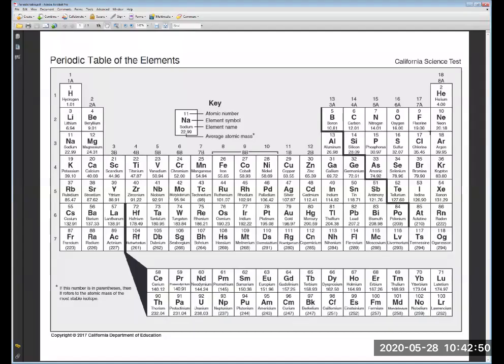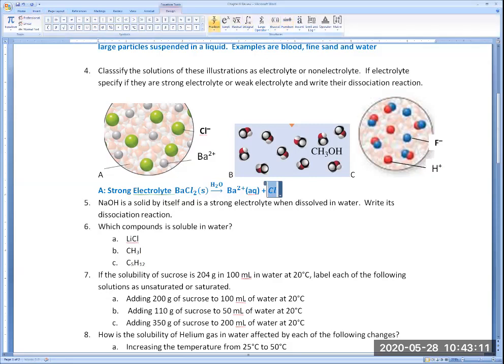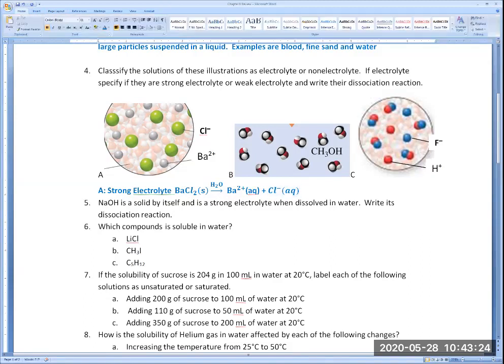So we can then write that it gives Ba2+, and the physical phase then is aqueous because it's soluble, plus Cl, and Cl is -1 in a superscript, aq. So when you have aq as the phase after the symbol of the ion, it means it's soluble in water.